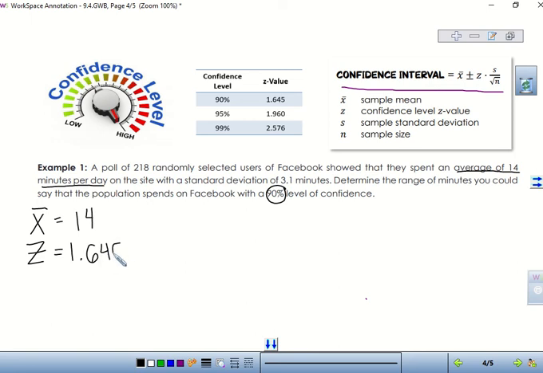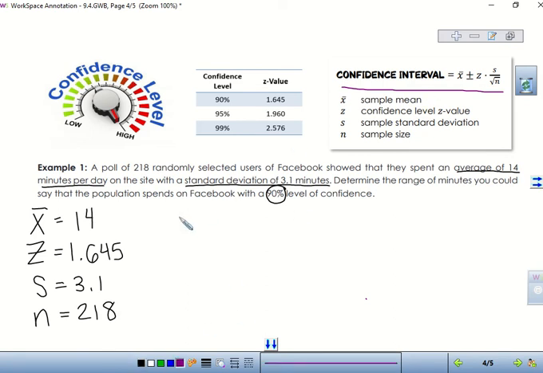Good, 1.645. The next one is s, which is our standard deviation, which is what? Good, 3.1. And next would be our n value, which is the sample size, which is how many people were polled. Good, 218. So does everybody understand where I identified all those from?